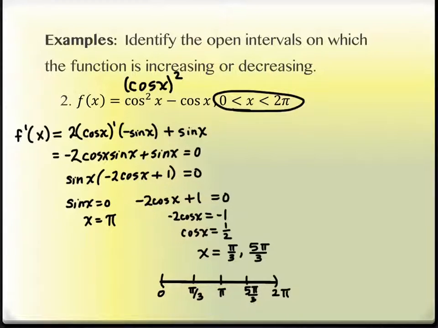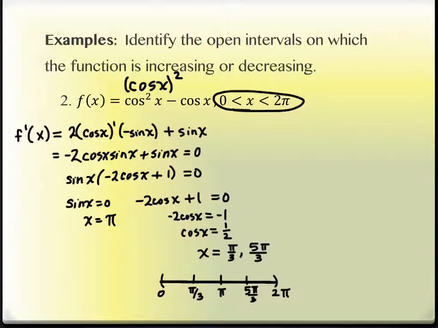You could also use other numerical values. For example, between 0 and pi over 3 is the number 1, because pi is about 3, a little bit more. So pi over 3 is a little bit more than 1. So the number 1 is between 0 and pi over 3. So you could use whole number values, decimal values, or pi values. It doesn't matter, but you do need to pick some values in these intervals to test.